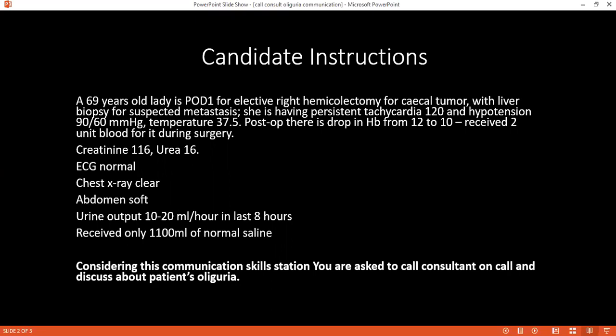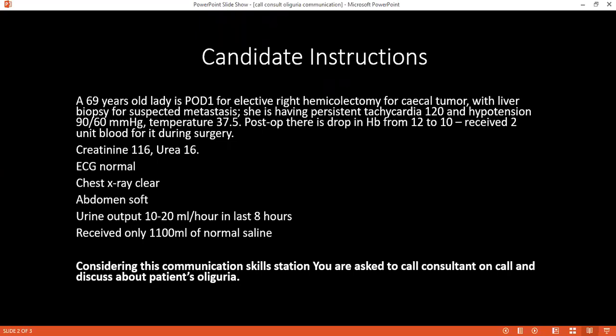Blood pressure is 90 over 60, and temperature is 35.5. The patient has also received 2 units of blood. Her ECG is normal, her chest X-ray is clear and abdomen is soft. But there is a borderline high creatinine.